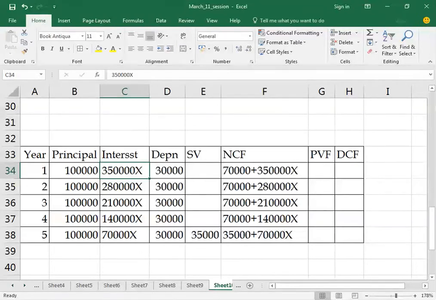Get the PVF, DCF, and then yeah. Depreciation salvage will be an outflow, or inflow, negative. Well, net you will have to subtract it.